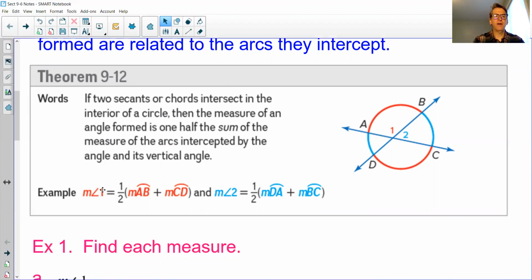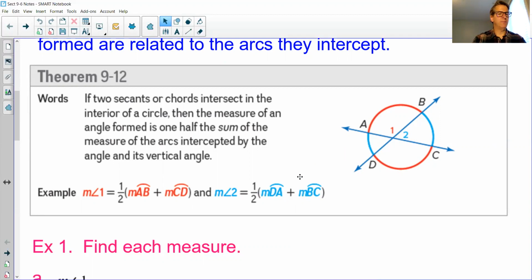So the measure of angle 1, which is right here, is equal to 1/2 times the measure of arc AB plus the measure of arc CD. The measure of angle 2 is equal to 1/2 times the measure of arc DA plus the measure of arc BC.